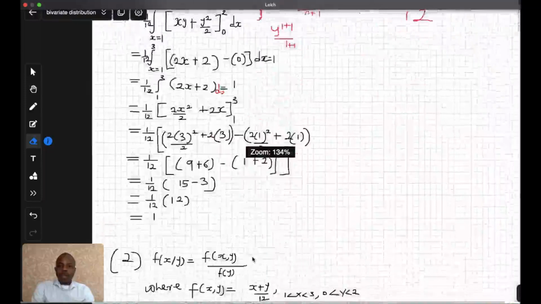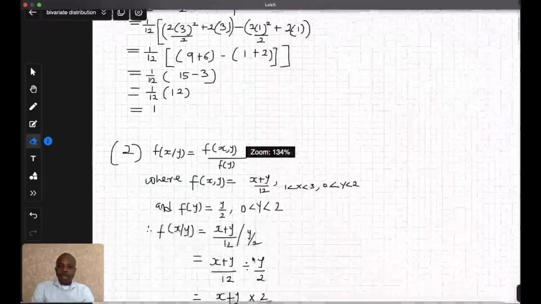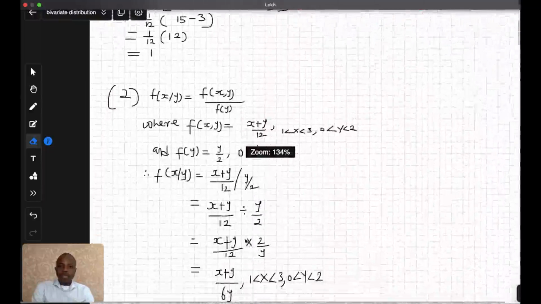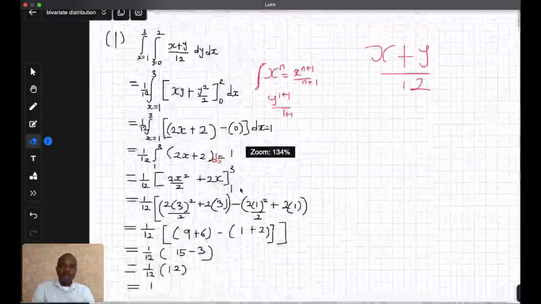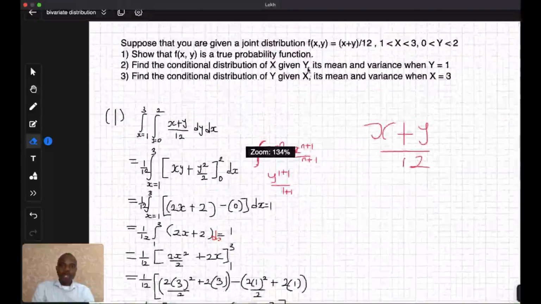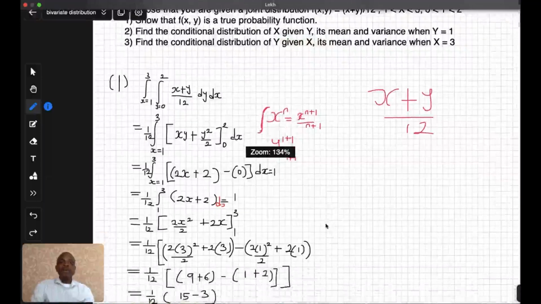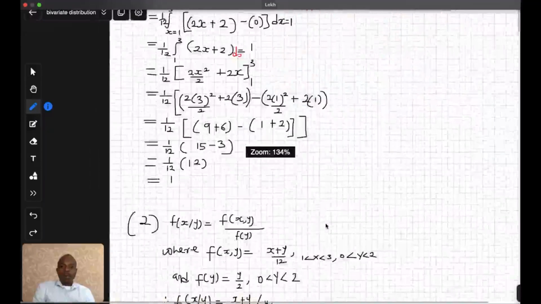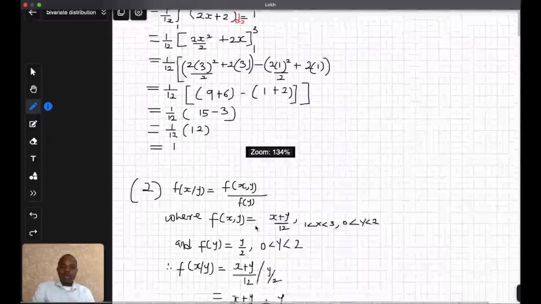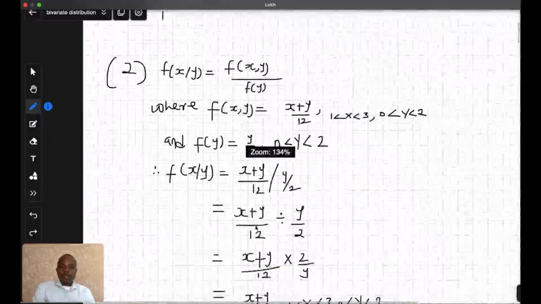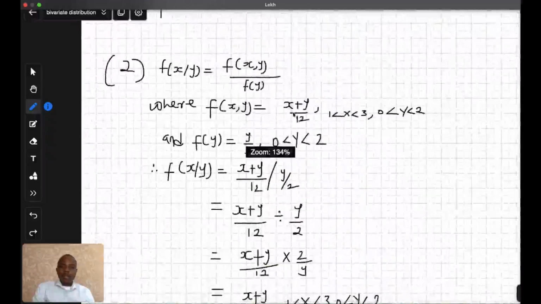Now, we are considering a situation where we have the distribution of x given y. Don't forget, the distribution of x given y is what we want to obtain. That means it's going to be the formula we have on the board. Since we know that, we just substitute the values.